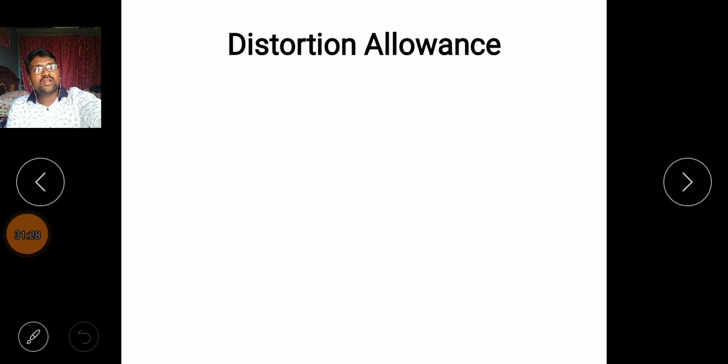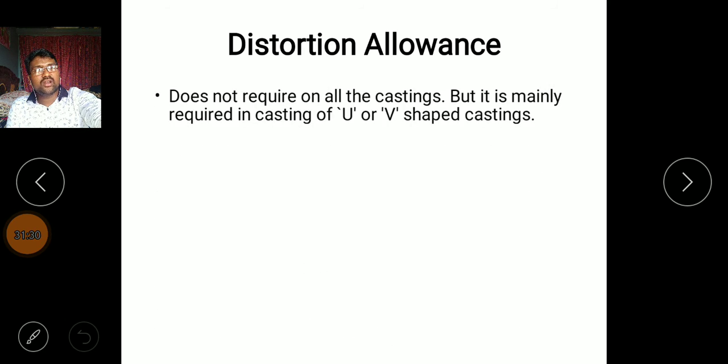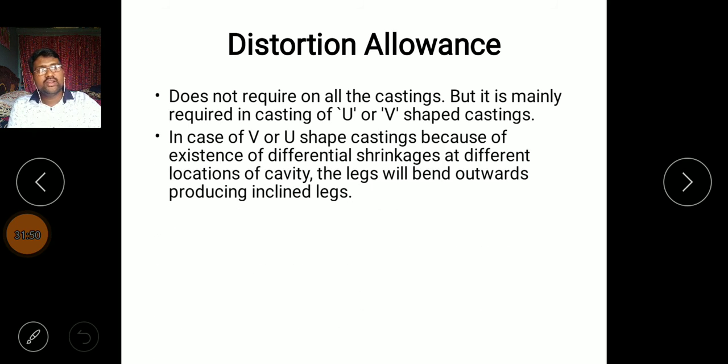Next, coming to distortion allowances. It is not required on all castings, but it is mainly required in castings of U or V shape, that is, castings with a very thin structure like U and V. We have to use distortion allowance in the case of V or U shape castings because of the high existence of differential shrinkage at different locations of the cavity.